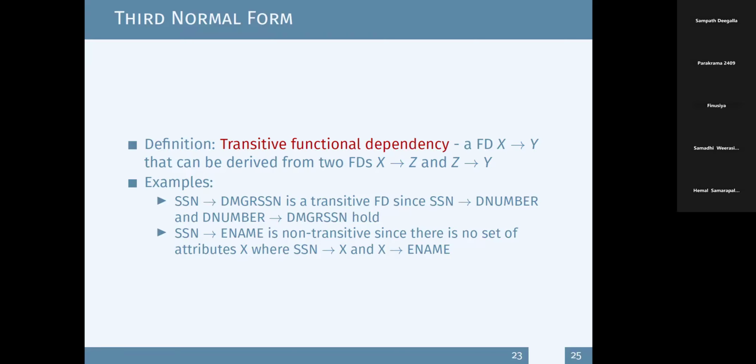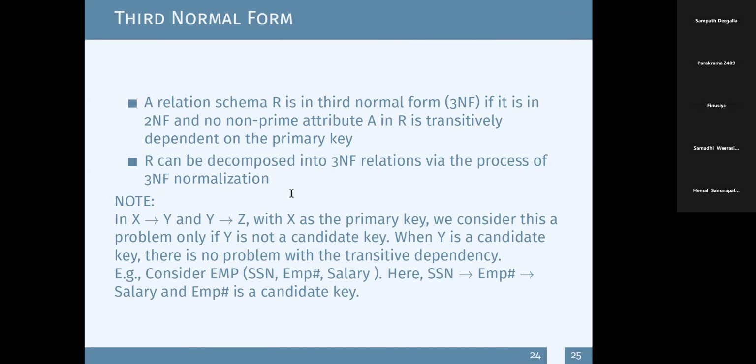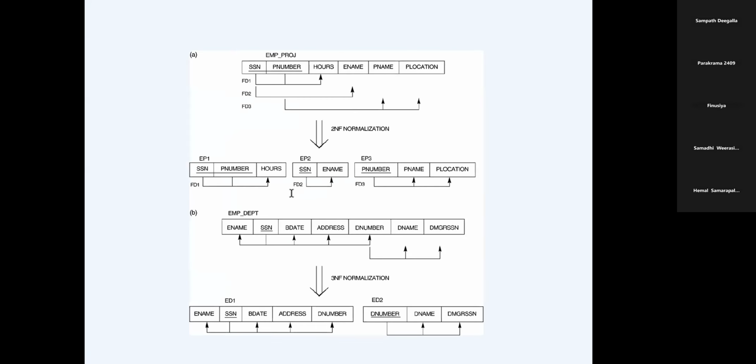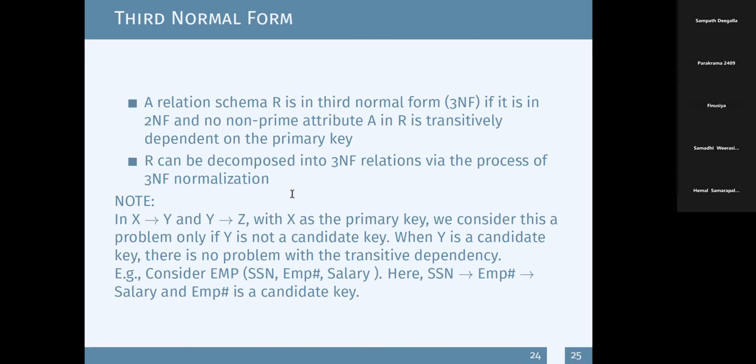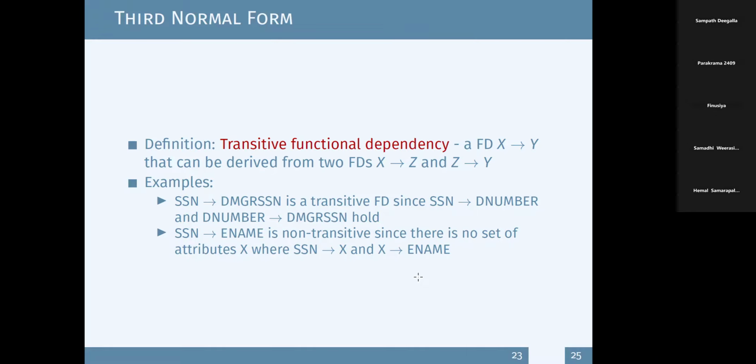Now look at social security number and department manager social security number. If you say social security number and department manager social security number are transitive, it is because using social security number, we can determine the department number.